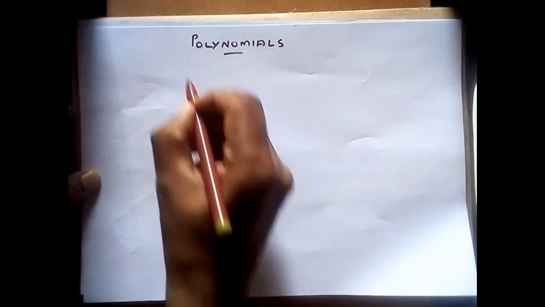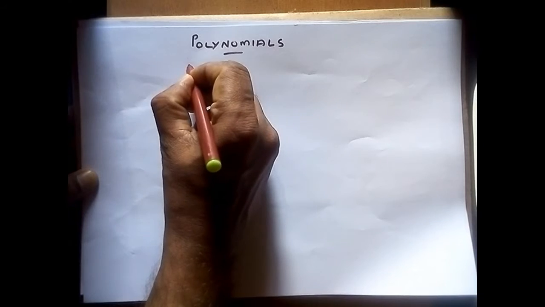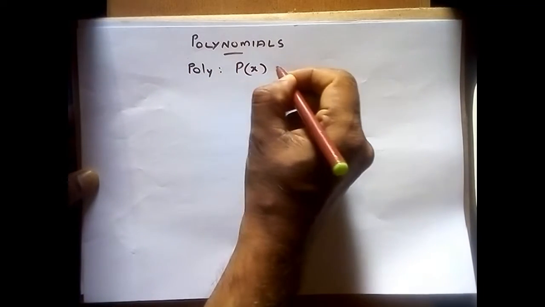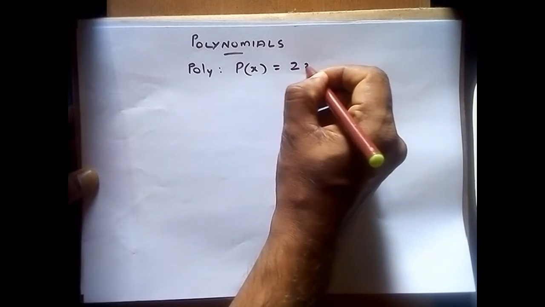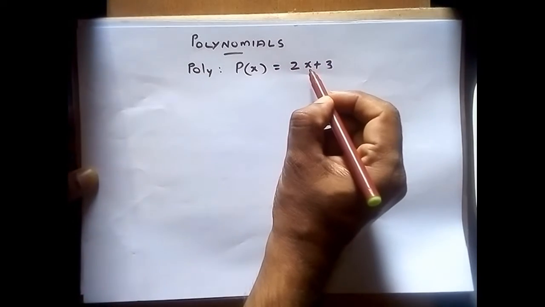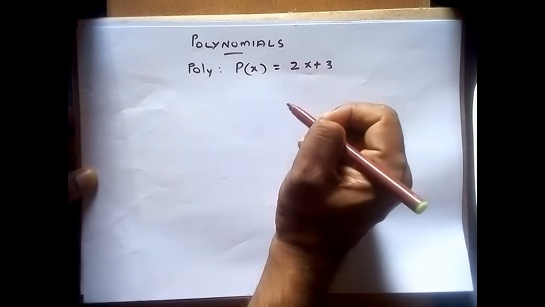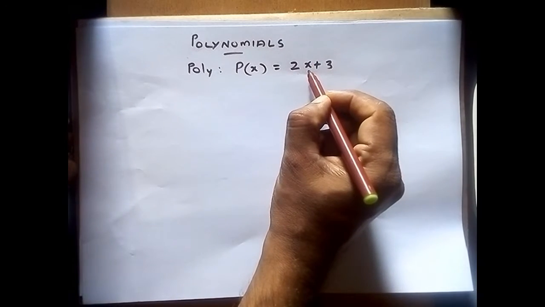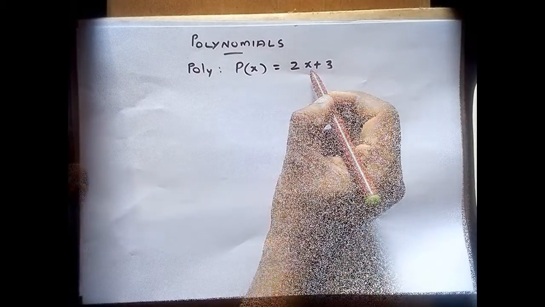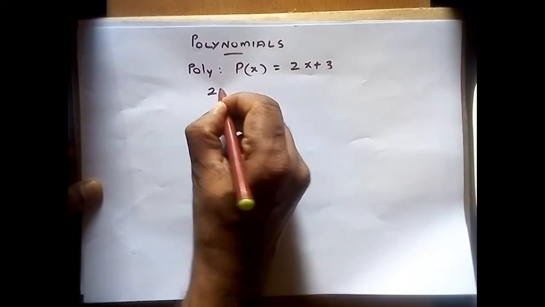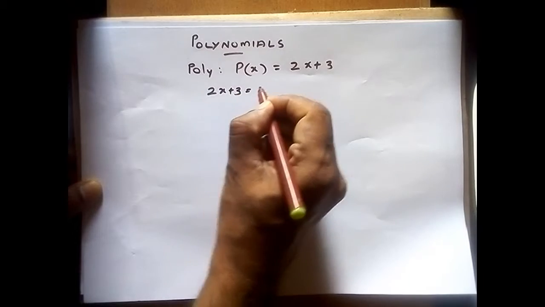For example, we will take a polynomial p(x) equal to 2x plus 3. This is a polynomial of degree 1, because the highest order of the variable is 1. Suppose we are equating 2x plus 3 equal to 0.